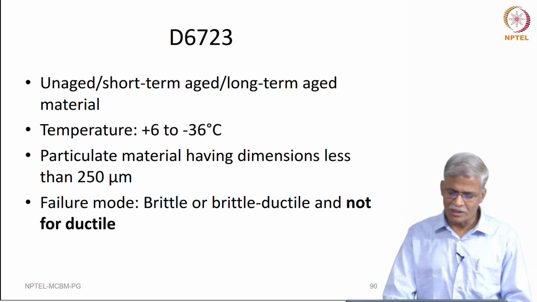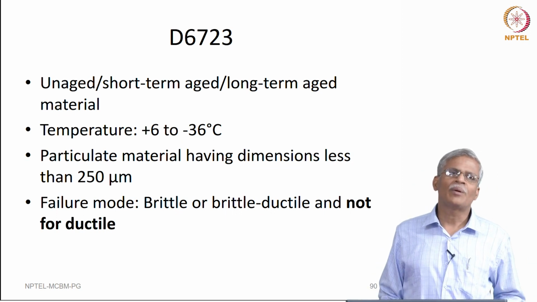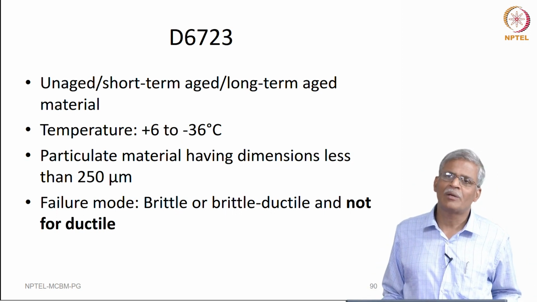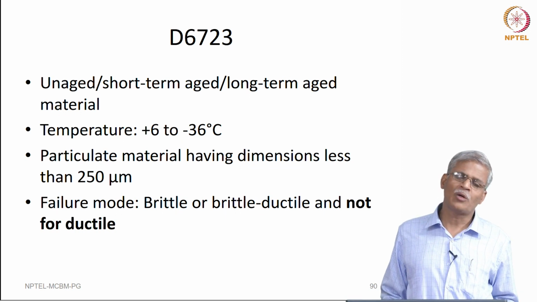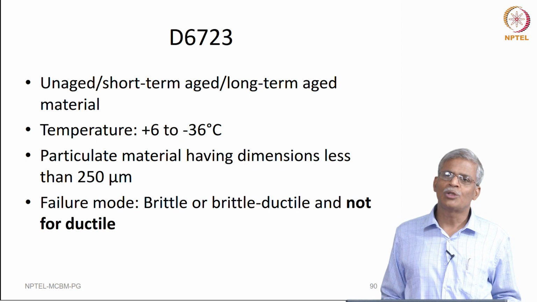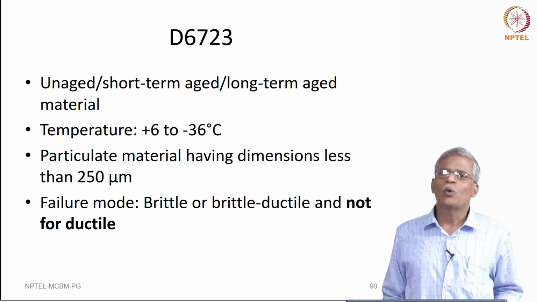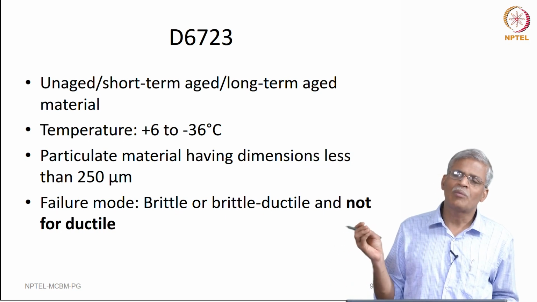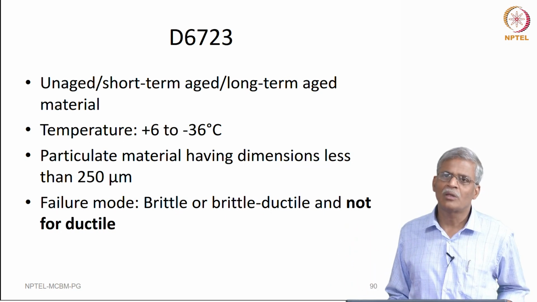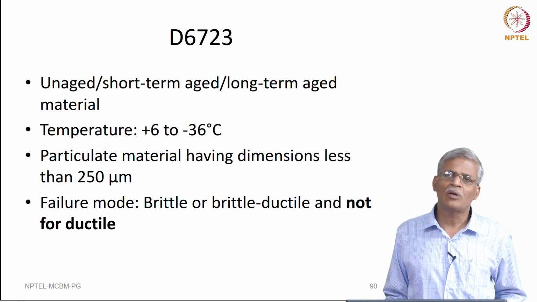to minus 36 degrees centigrade, and if your binder is having particulate material that is having dimensions more than 250 microns, you may not want to use this particular test. For instance, you could be testing a mastic which will have some binders, some particulate matter filler material more than 200 micron or 300 microns.